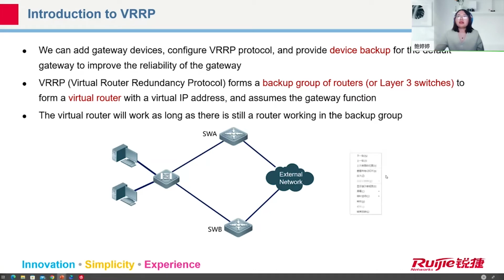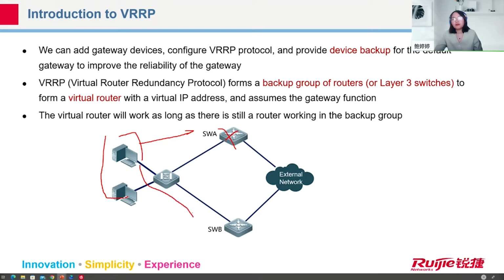So maybe someone will say, for the two PCs, I will give switch A the IP address 10.1.1.1, and if I find switch A is broken, I will immediately change the gateway to switch B, 10.1.1.2, and let switch B help with the traffic.